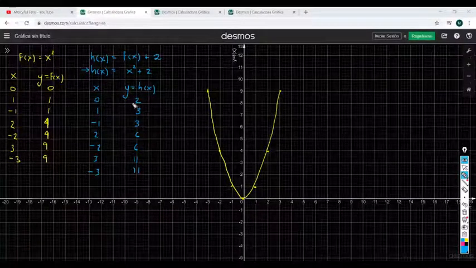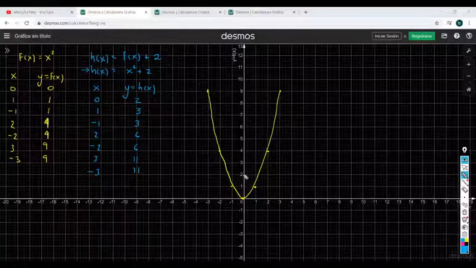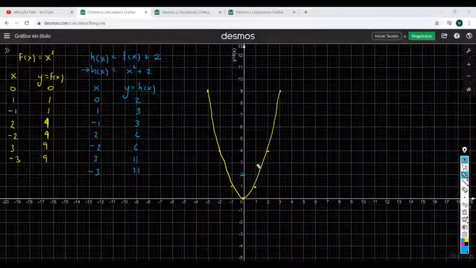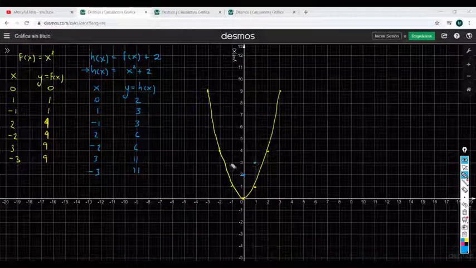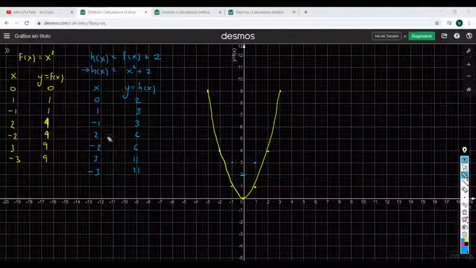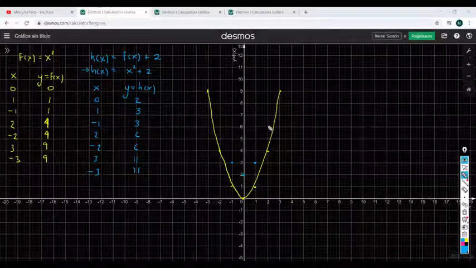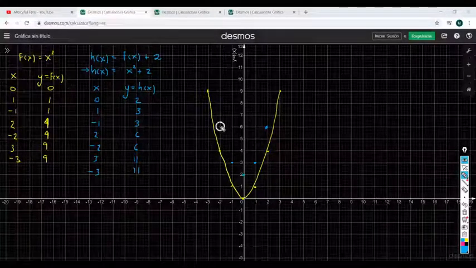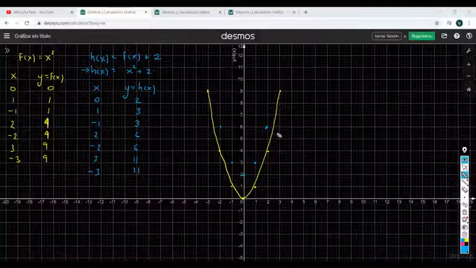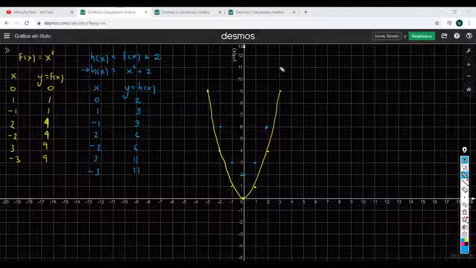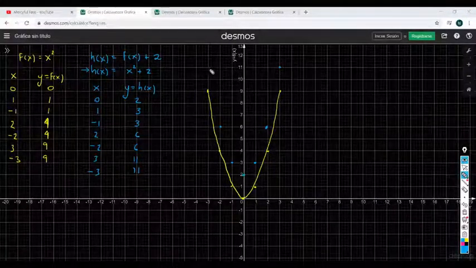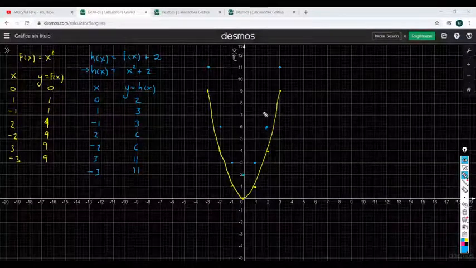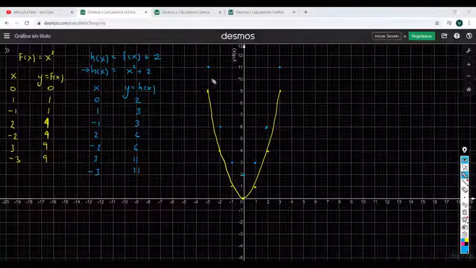So it's going to be the point 0, 2, which is this one, and then the point 1, 3, which is this one, and then the point -1, 3, and then 2, 6, and then -2, 6, and then 3, 11. So it's going to be over here, and -3, 11. We trace the graph of the function as best as we can.